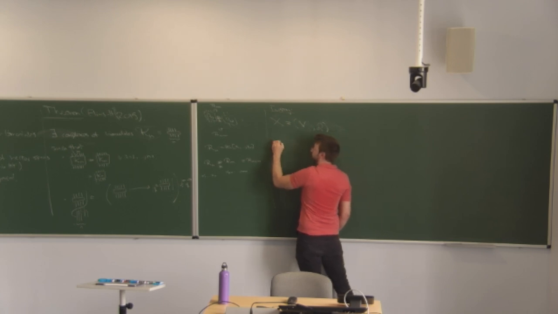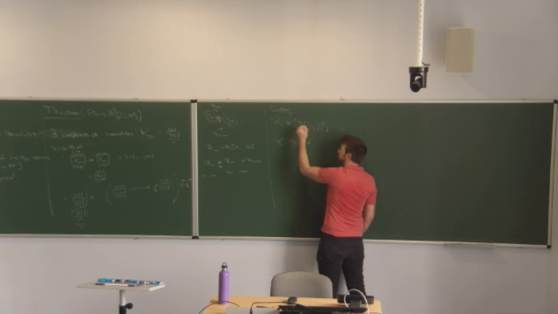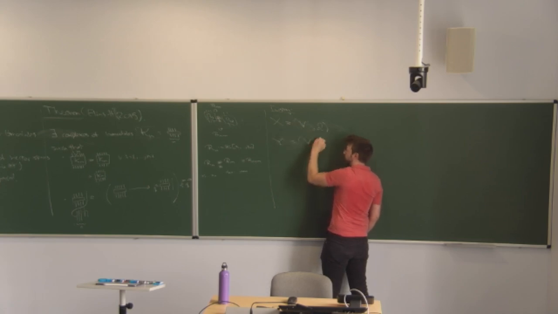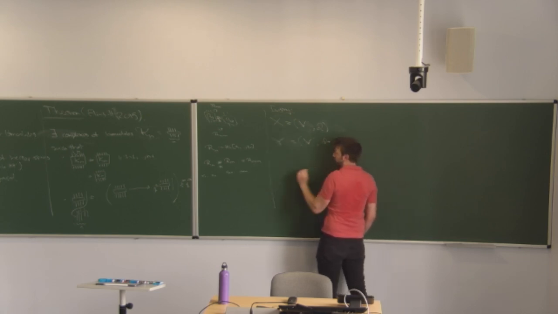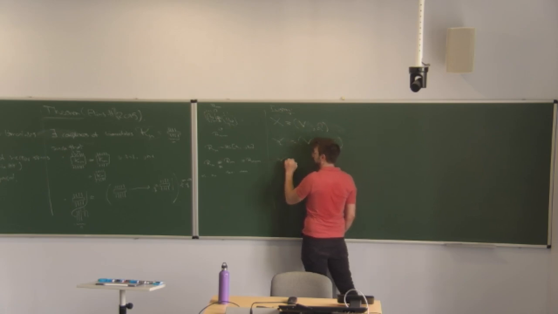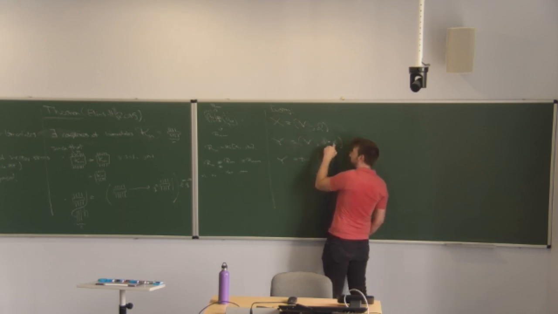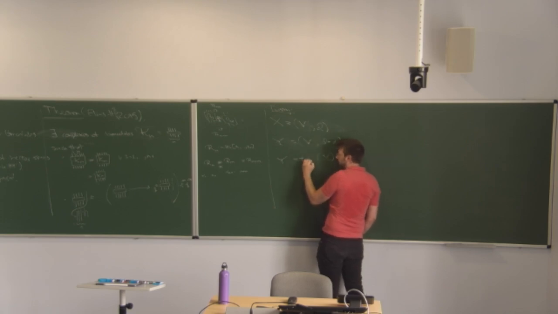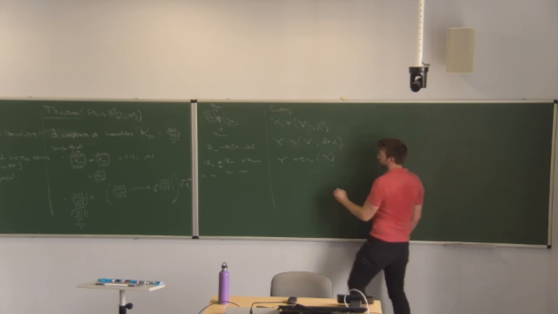Suppose we have another chain complex, Y, which has the same underlying chain groups, so the same V, but a different differential. Then we'll say that Y is obtained from X by twisting. The notation that we use is Y is a twist of X, and then the term that is added to the differential of X to get Y is written as a subscript. So this is notation.